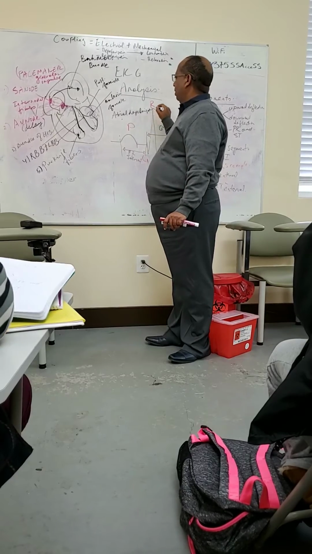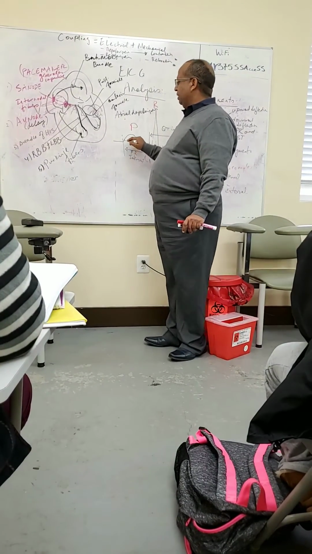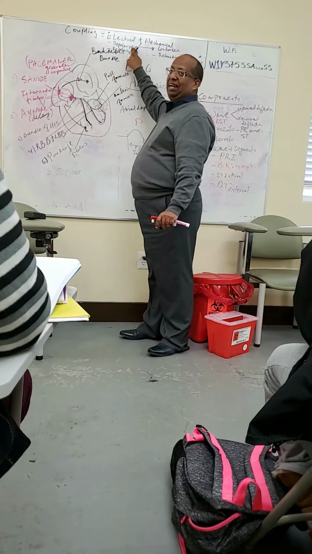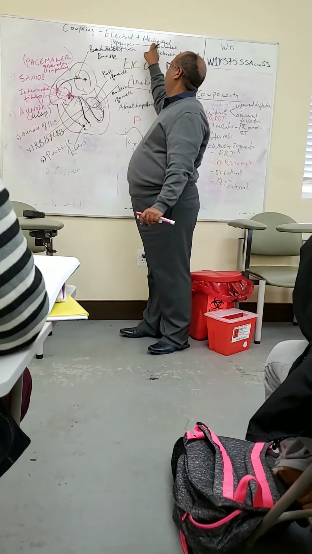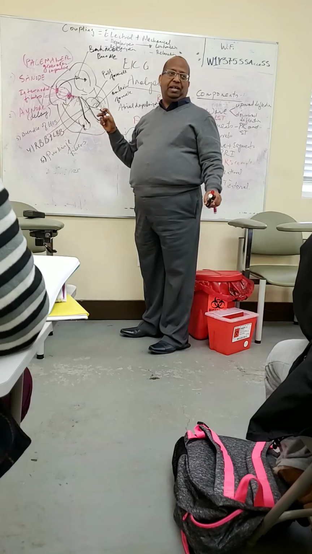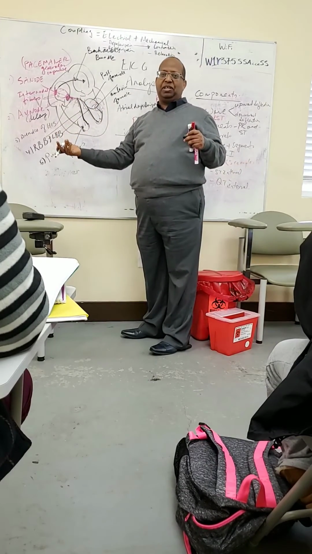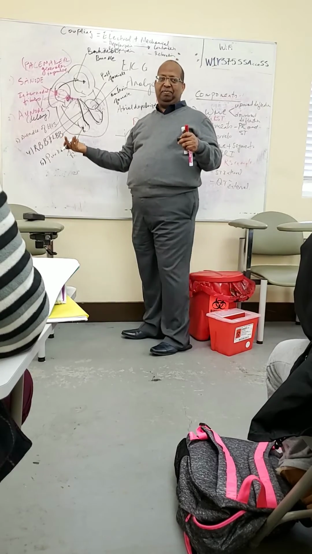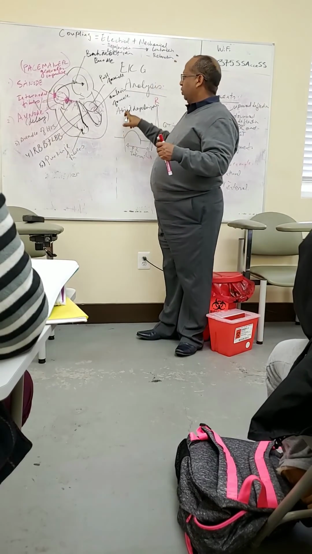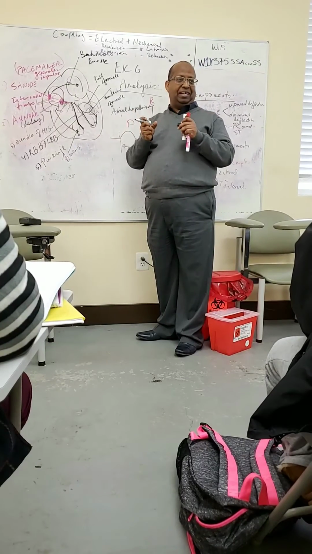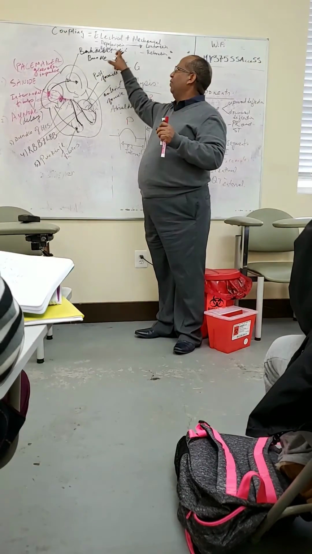It means I will get this P wave when the atria basically depolarizes and contracts. Depolarization is the electrical term. Contraction is the mechanical term. So I will get this P wave when the atria contracts. It means when it depolarizes.